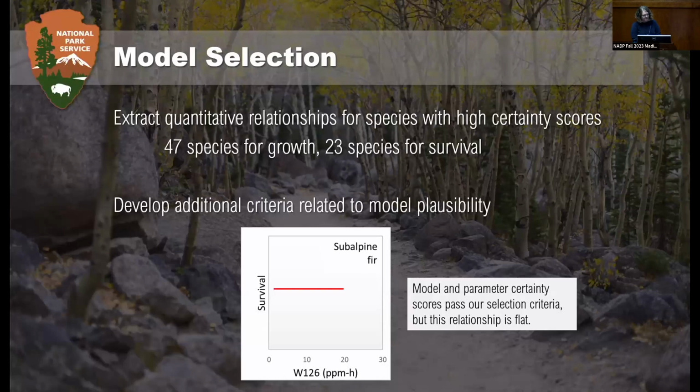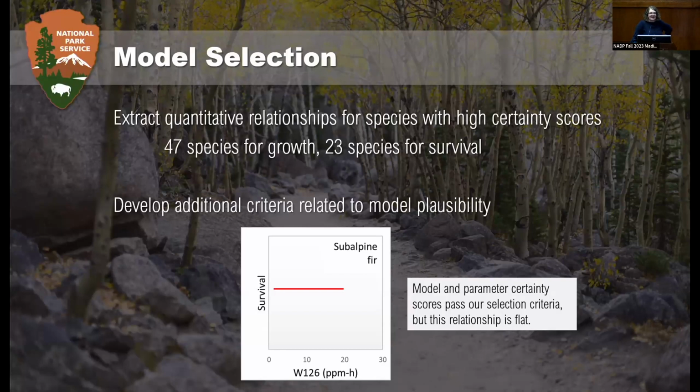So moving forward with model selection, we intend to extract quantitative relationships for species with high certainty scores. And so, excuse me, of significant models that included ozone, that's about half. So only 47 species for growth and 23 species for survival.